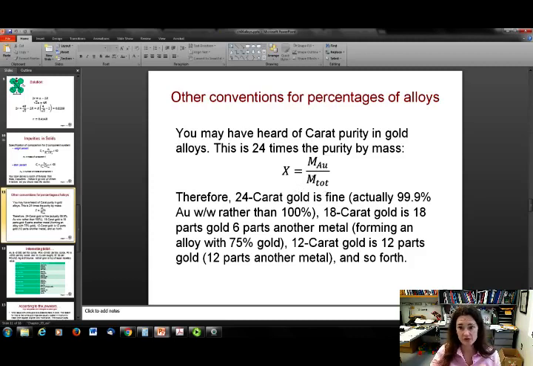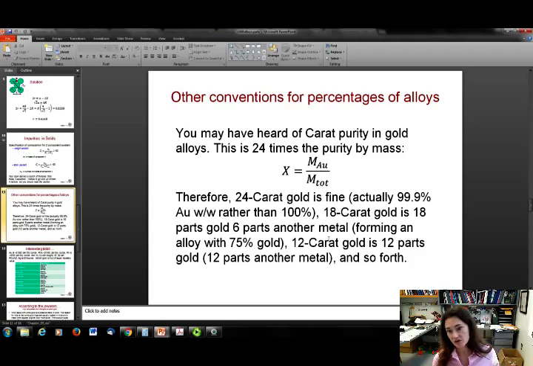So if, for example, you have 18 karat gold, then you have 18 divided by 24, and that gives you 75% gold. In other words, if you have 18 karat gold, you have 18 parts gold and 6 parts of whatever else you're mixing in, for a total of 24, and then 18 divided by 24 gives you 75%. So that's how to do the conversion from the carat system over into, for example, the weight or mass percent, which we're more familiar with.